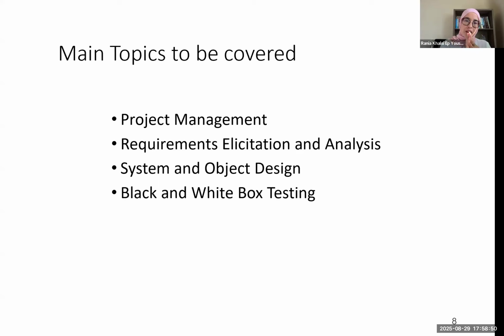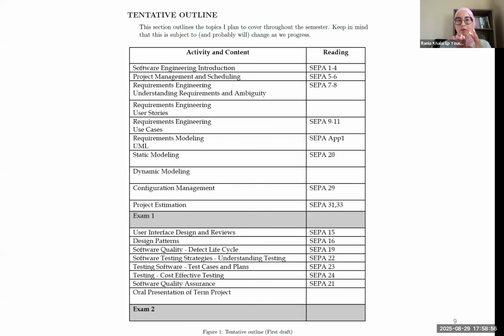Okay, so these are mainly the topics that are going to be covered. I was sharing with you the syllabus before. You can find that in Blackboard. There you will find one section for general course information, in which you can find my email and the link for our Discord channel. You can find this syllabus, in which there are more details about the course, but mainly I'm covering everything in this video.